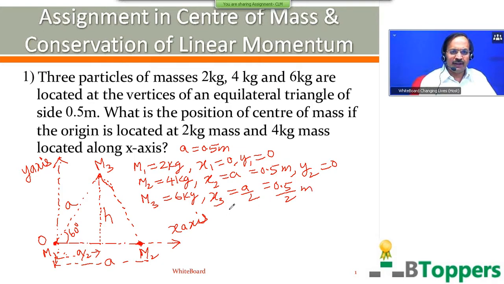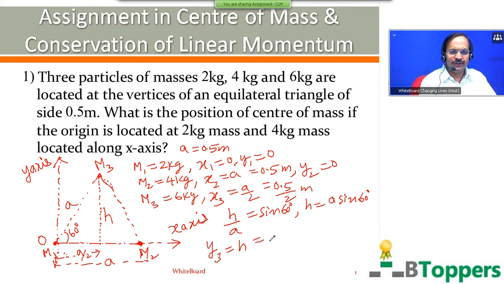Let h denote the height of the equilateral triangle. From the figure, h by a you can write as sine 60 degrees. The angle at each vertex of the equilateral triangle is equal to 60 degrees. So y coordinate for the third mass is equal to the height of the equilateral triangle.